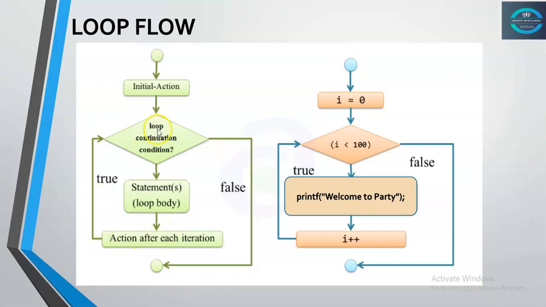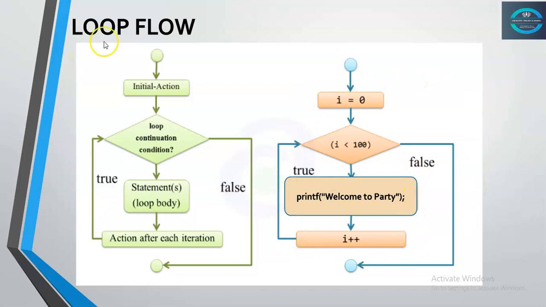So it will again go back here, 1 is less than 100, it will again print, i will become 2, 2 is less than 100, it will print, i will become 3, and so on. i will become 99, and then 99 is less than 100, that message will be printed, i will become 100. Now when it comes to 100, 100 is less than 100, no, it's false, so it will basically come out of the loop. That's how it is, the same example which I've just mentioned here.